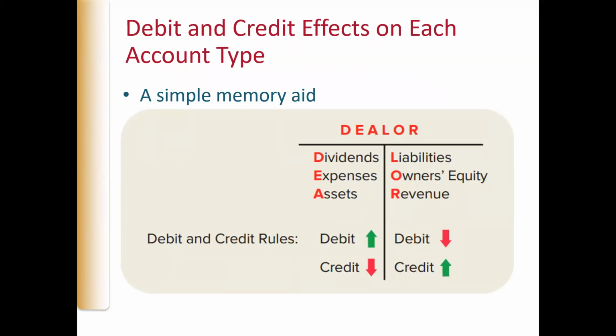LOR: liabilities, owner's equity, or stockholders' equity, and revenue. To increase liabilities, owner's equity, and revenue, we credit them. Okay? This is such a good way to learn it.